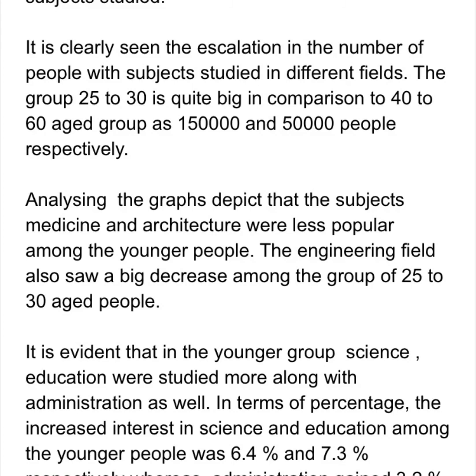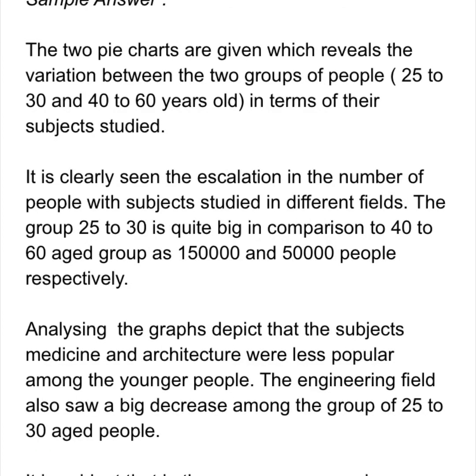So in whole, what we have written for our answer: the two pie charts are given which reveal the variation between the two groups of people in terms of their subjects studied. This means in the introductory paragraph we are telling about the type of charts and how many pie charts are given, what it represents and how the data is given. In the next paragraph, it is clearly seen the escalation in the number of people with subjects studied in different fields.